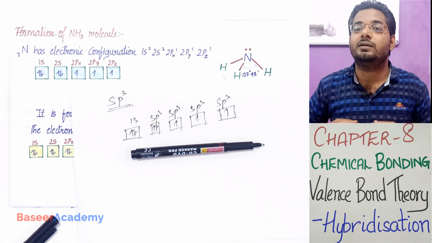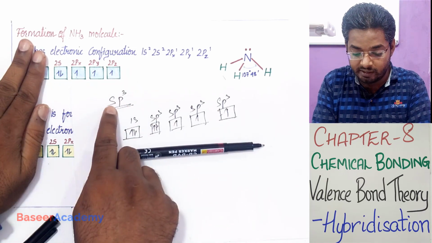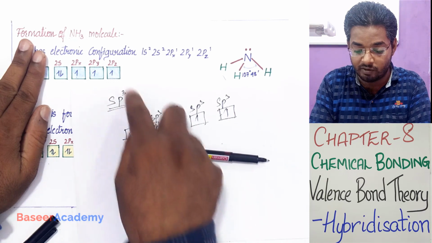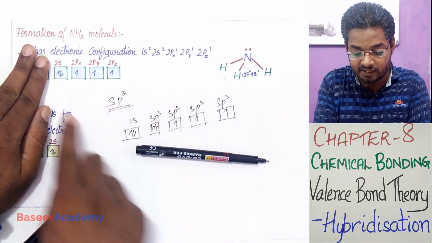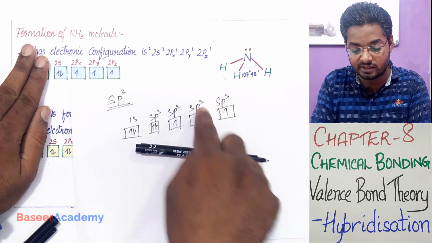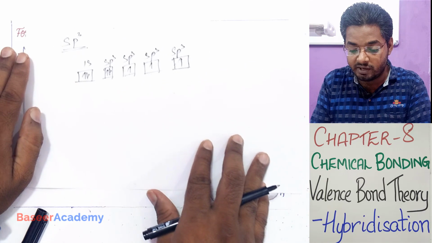We get the name of the hybrid orbital from the orbitals that are intermixing. The s orbital and 3 p orbitals were intermixing, so the name of the hybrid orbitals will be sp3. 2py becomes an sp3 hybrid orbital, and 2pz also becomes an sp3 hybrid orbital.